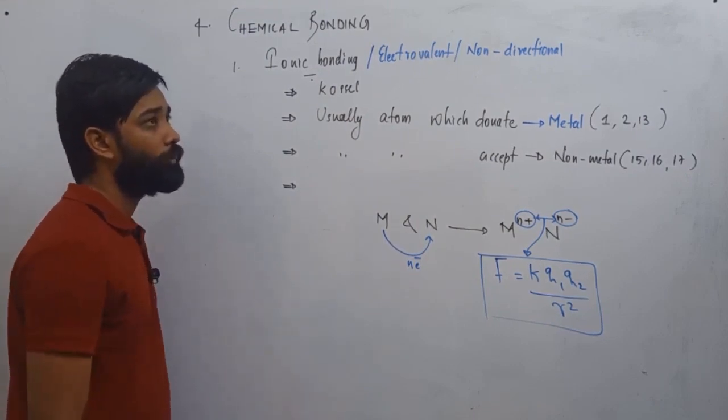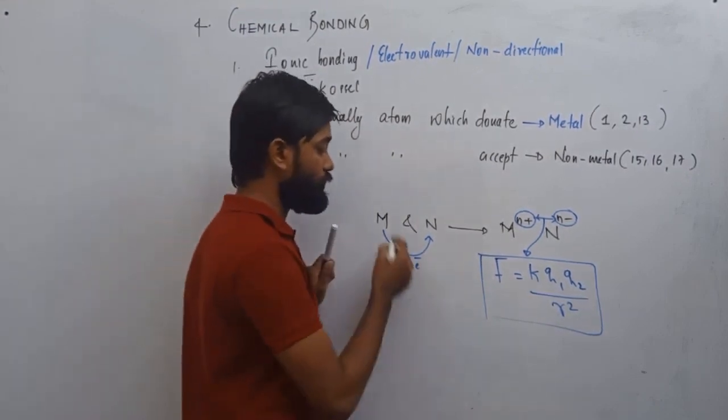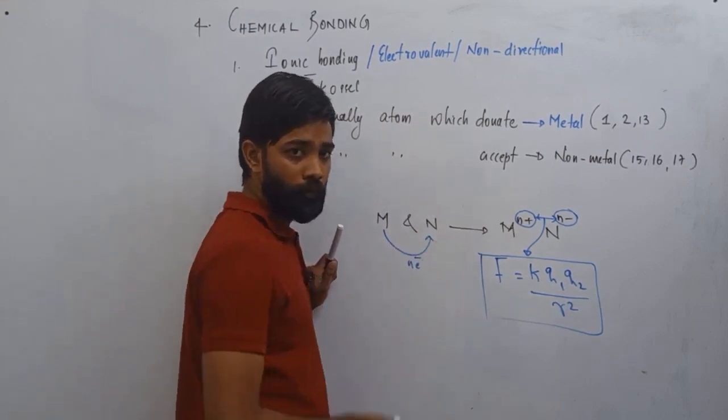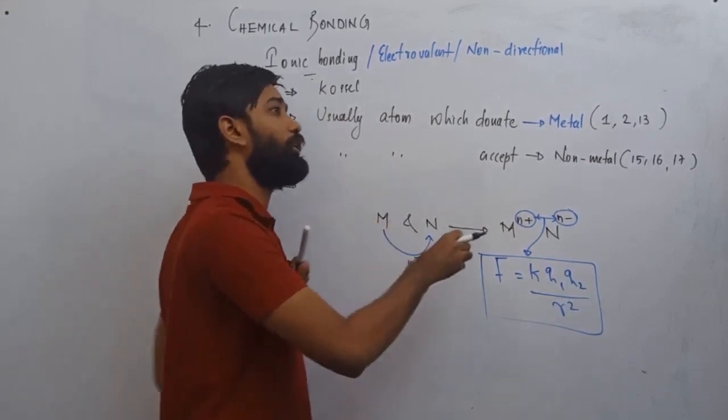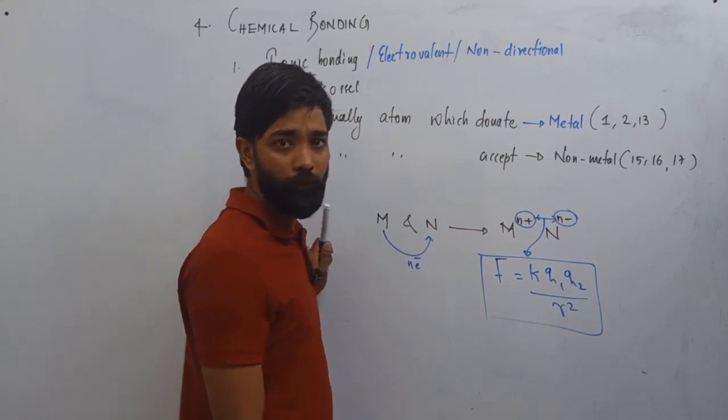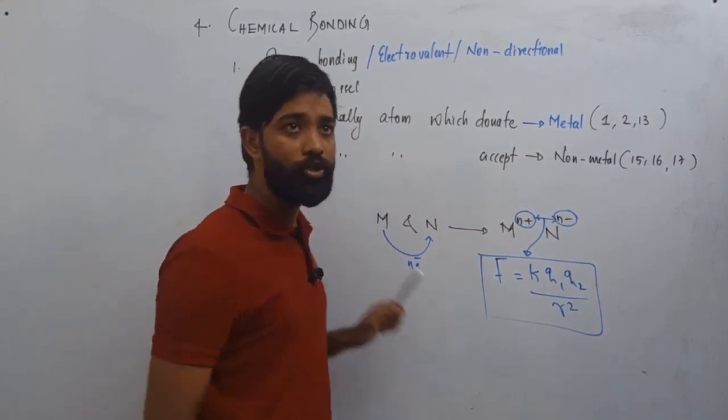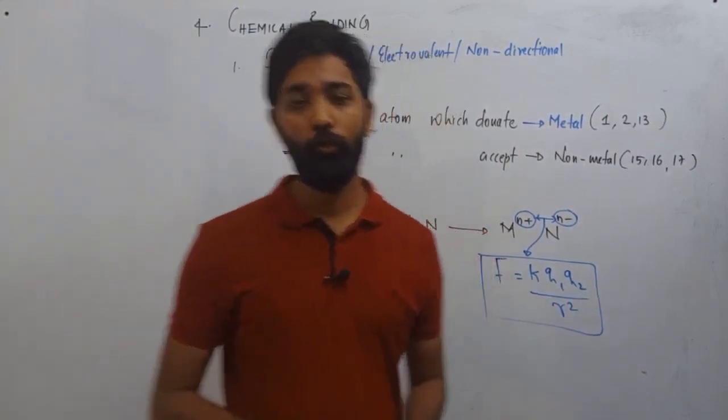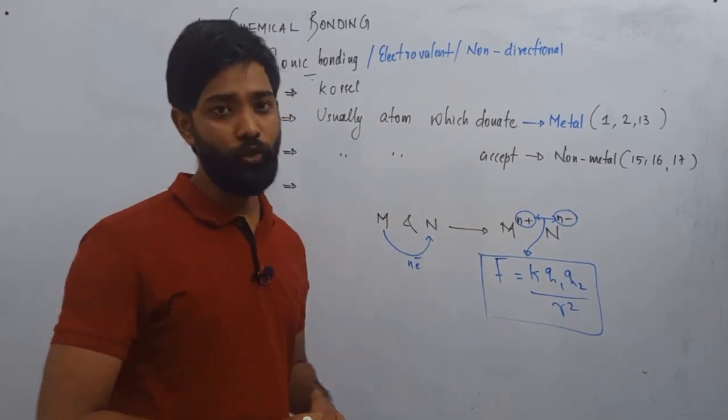Next point. There is a transfer of electron, where the metal loses electrons and the non-metal gains electrons. The number of electrons lost or gained is said to be the electrovalency of that element.